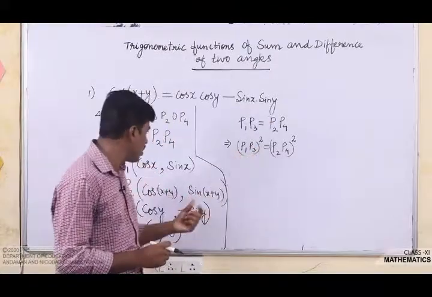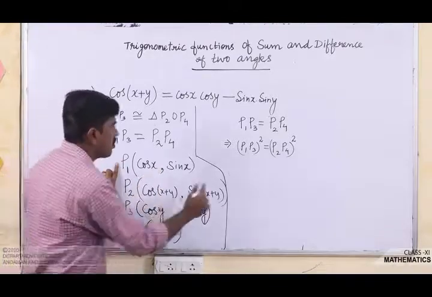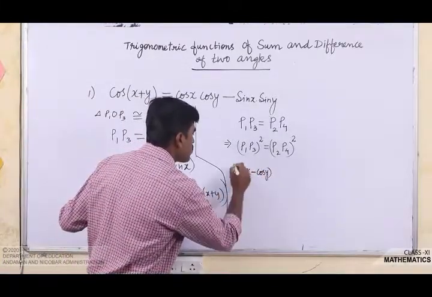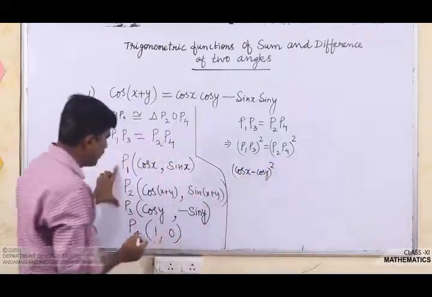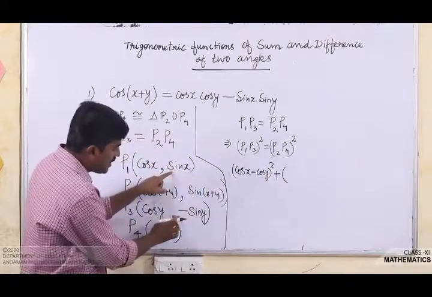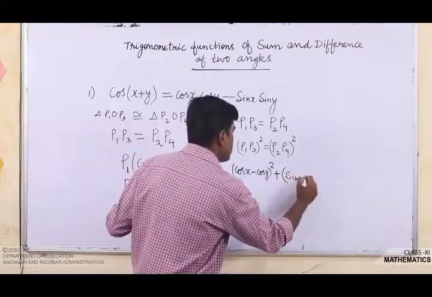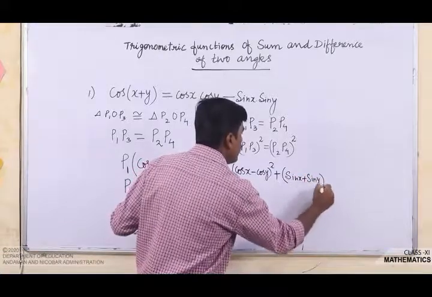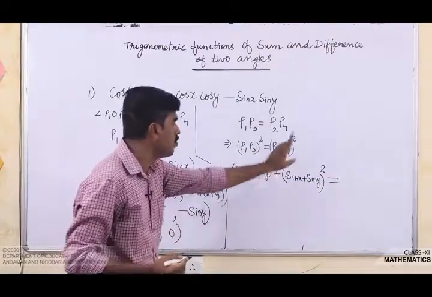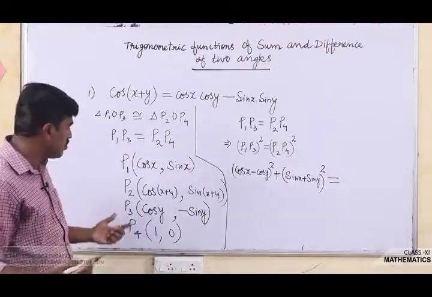So using the distance formula we can find the value of P1P3 whole square, that is cos x minus cos y whole square, then plus sin x minus of minus sin y, that is sin x plus sin y whole square, and that is equal to P2P4 whole square. What is P2P4?